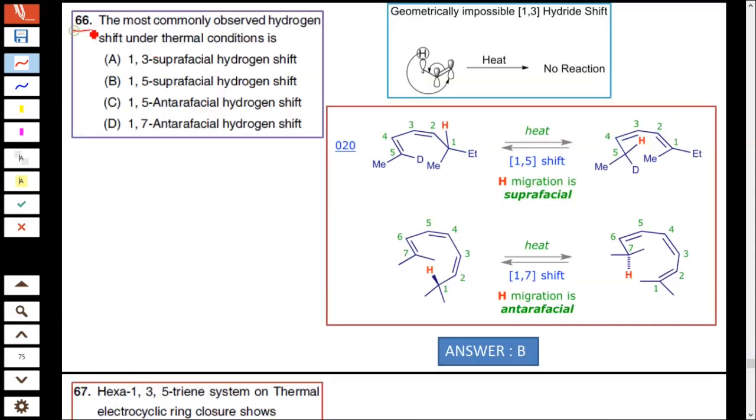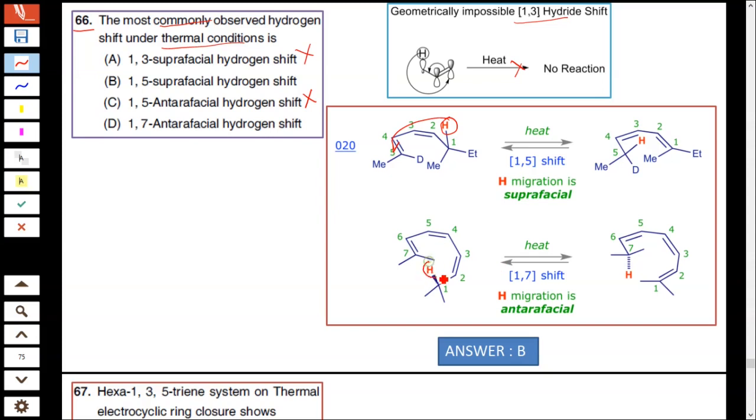Question number 66. The most commonly observed hydrogen shift under thermal condition is. Under thermal condition, a 1,3 hydride shift is not possible. Hence, option A was ruled out. Under thermal condition, a 1,5 suprafacial shift is possible. It's a hydrogen migration in suprafacial manner. 1,5 antarafacial is not possible under thermal condition, hence option C is ruled out.